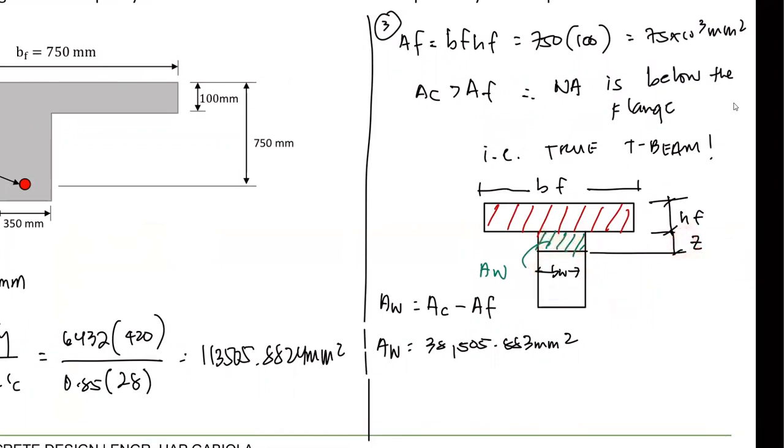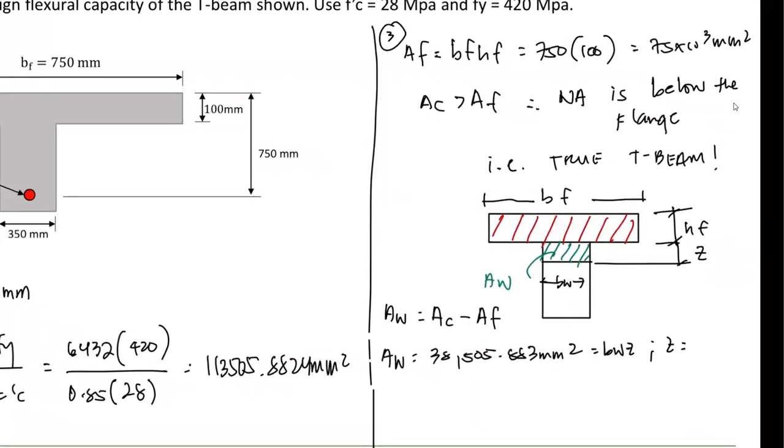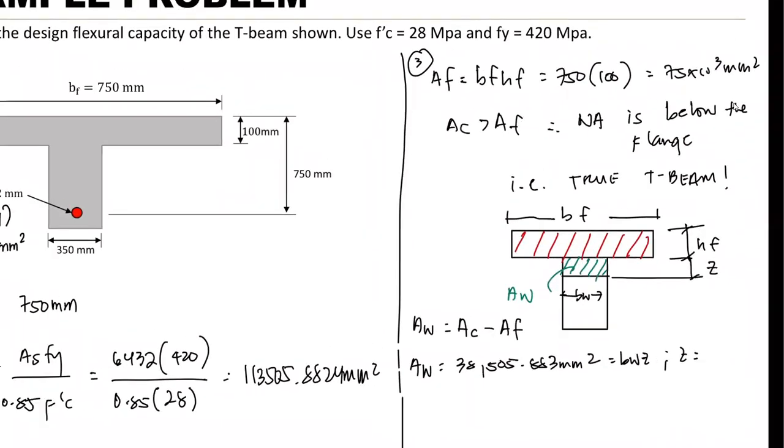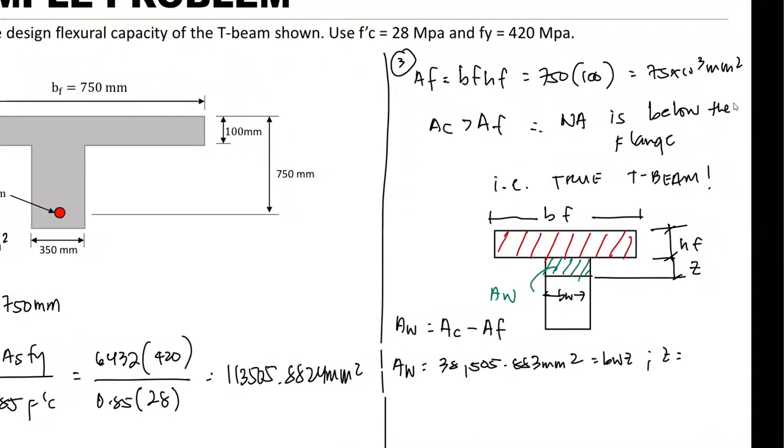So BW times Z. So we can get our Z right away by dividing by BW. Z is equal to 38,505.883 divided by BW, which is 350. So we have a value of 110.017 mm.